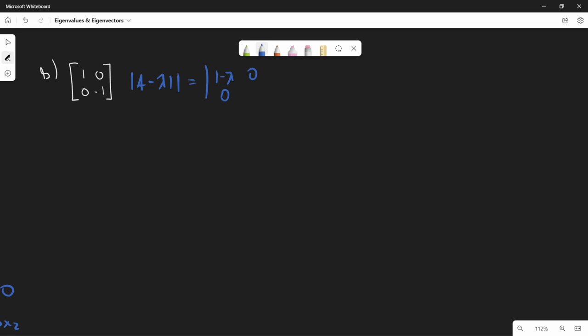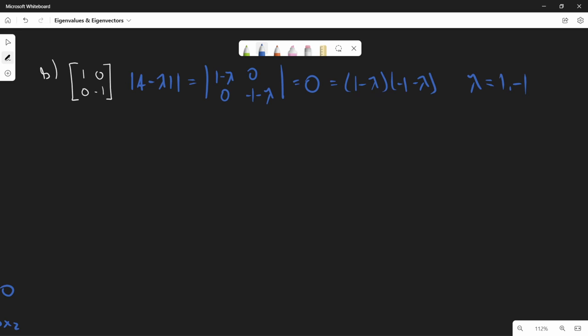Then we'll have negative 1 minus lambda. That is equal to 0, which is also equal to 1 minus lambda times negative 1 minus lambda. And so this gives us our eigenvalues to be 1 and negative 1.